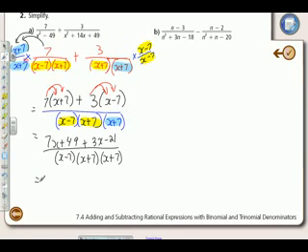Combine all of our like terms on the numerator. We've got a 7x, we've got a 3x. That gives us 10x. 49 and a negative 21. So we're looking at plus 28 over x minus 7, x plus 7, x plus 7.